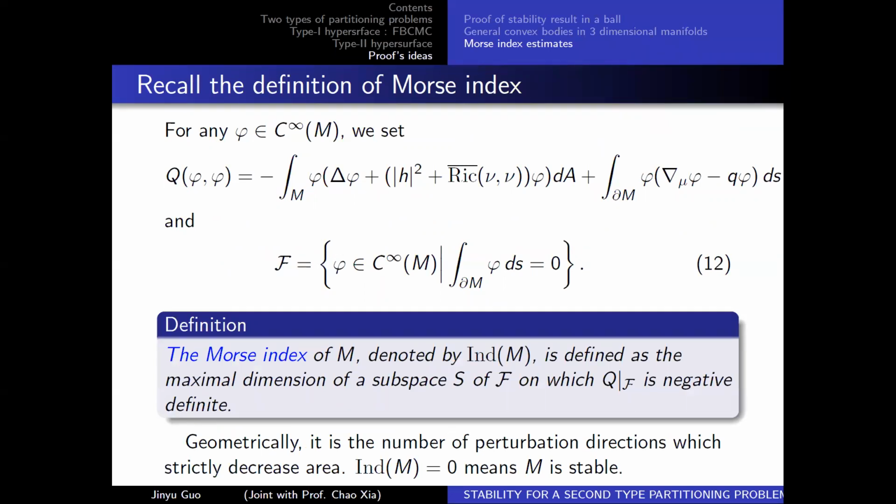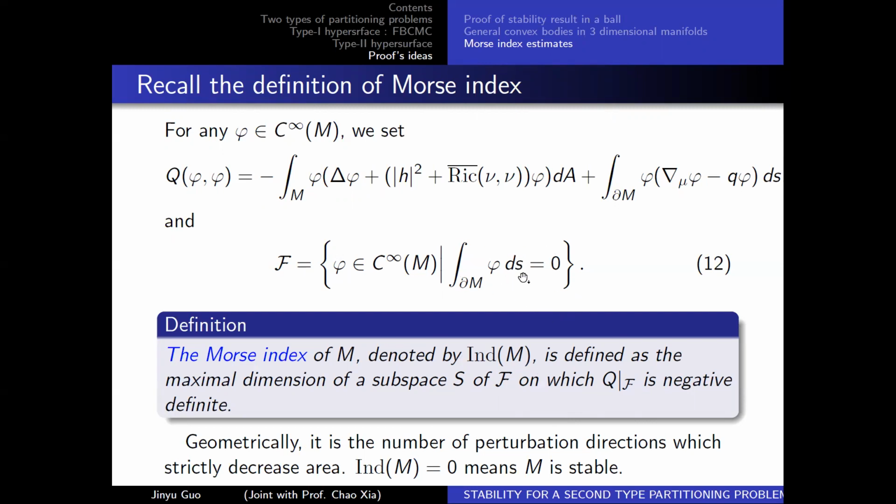Let's recall the definition of the Morse index. The Morse index of M, which we denote ind(M), is the maximal dimension of the subspace S of F on which Q restricted to S is negative definite. And here F is denoted in this way.